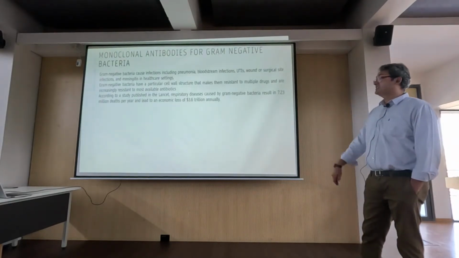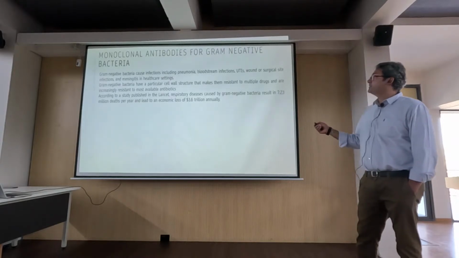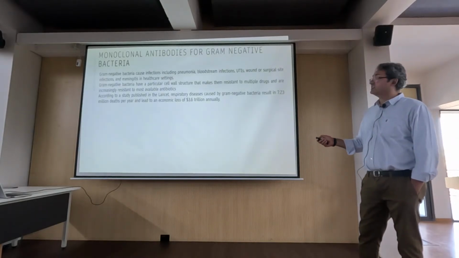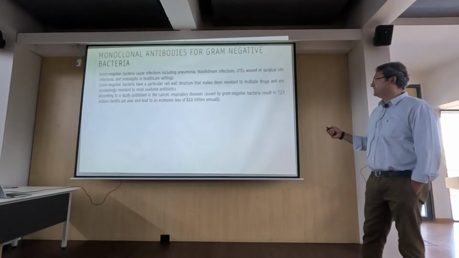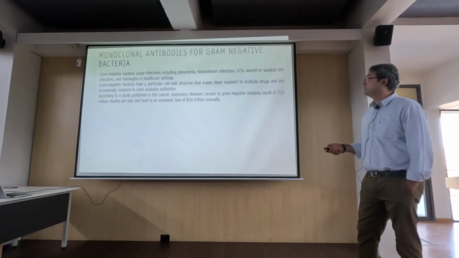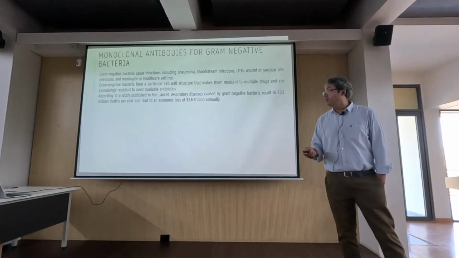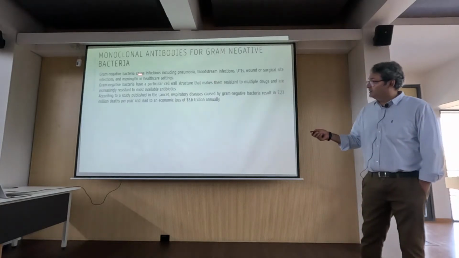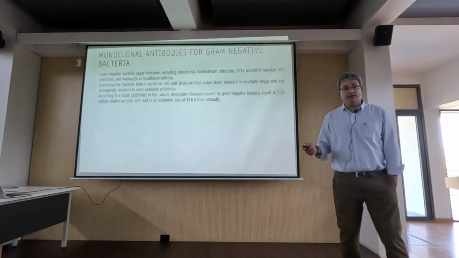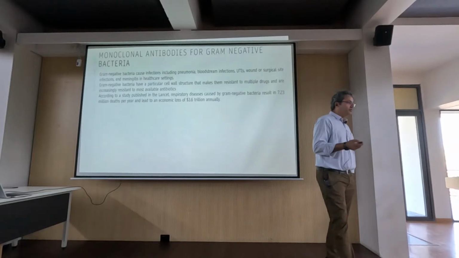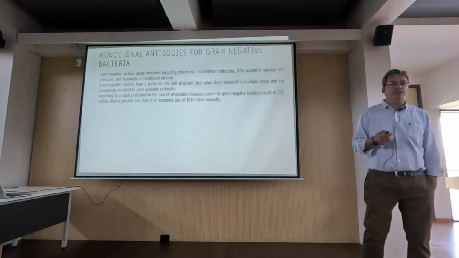Another example for this is gram-negative bacteria. We know gram-negative bacteria are involved in numerous infections, be it bloodstream infections, UTIs, surgical infections, pneumonia and all. And according to these studies, it is having a huge financial burden because cumulatively these diseases are huge.